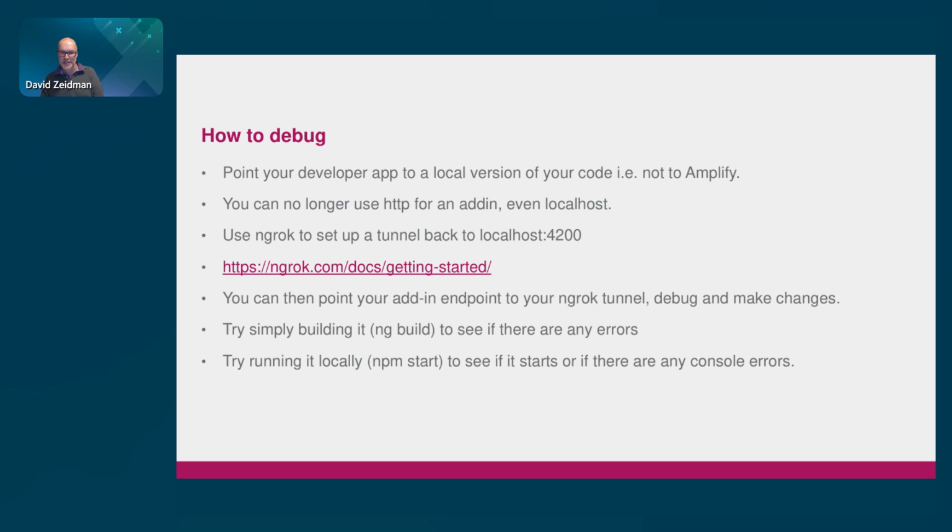As I said earlier, we can use the development environment build of our Angular code, and then that will point to our localhost version of our server code. So we can put a breakpoint in our server code if something isn't working there.